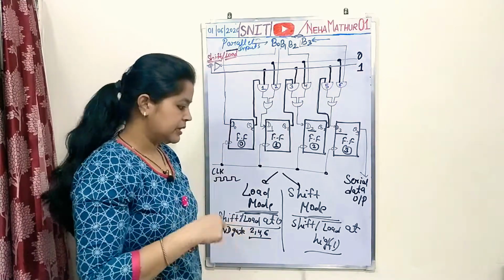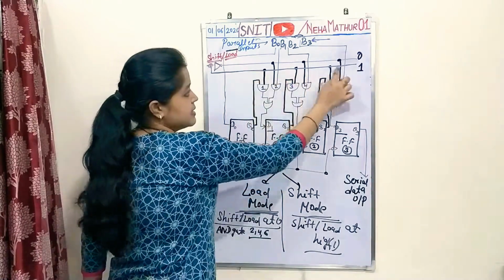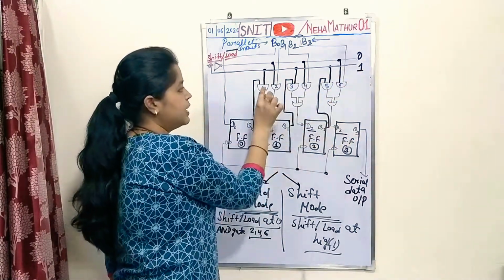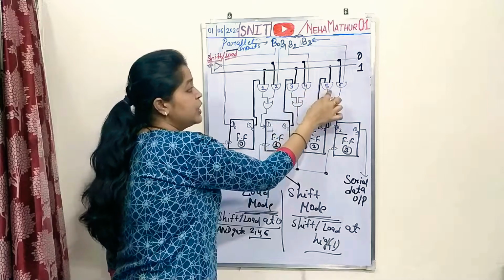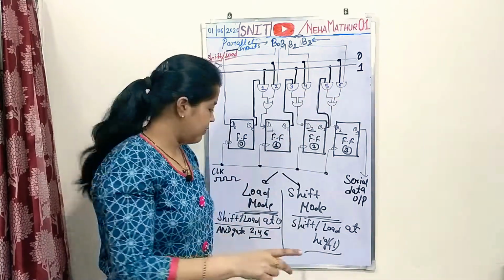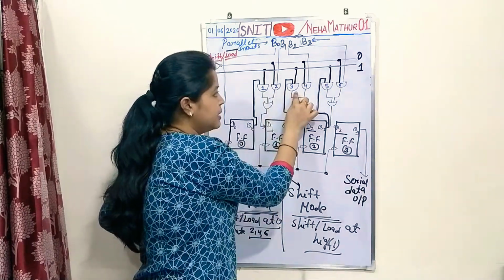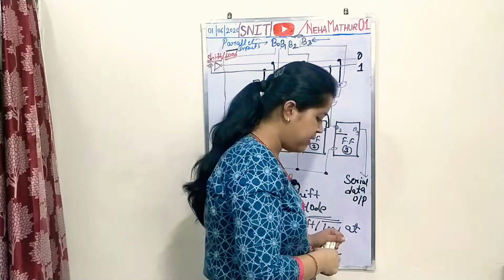Now come to the next step. With this one logic, your gate number 1, gate number 3 and gate number 5 become active, which were inactive in the other case.